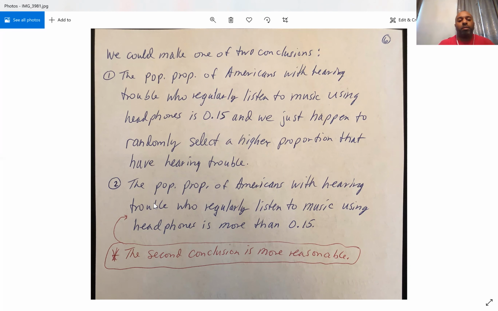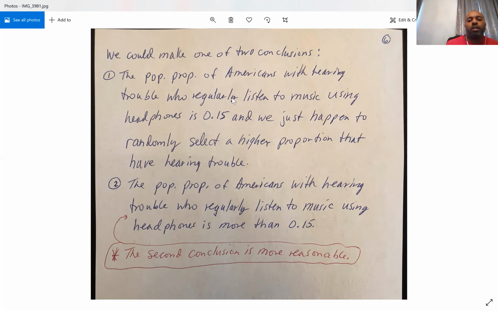And then number two, the population proportion of Americans with hearing trouble who regularly listen to music using headphones is more than 0.15. And that one is more reasonable. In other words, instead of it being just that the people we chose had hearing trouble, it's the fact that they're using headphones regularly that is the reason why they have hearing trouble. That's contributing to them having hearing trouble.